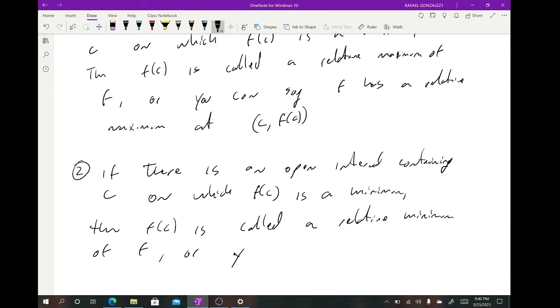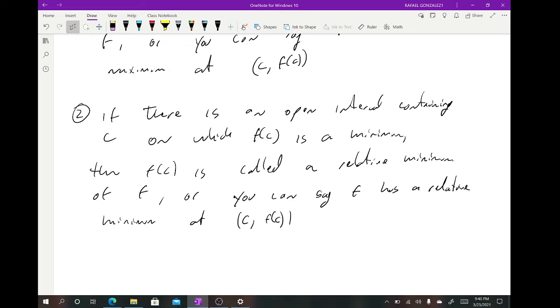Or you can say f has a relative minimum at C, f of C. Okay?